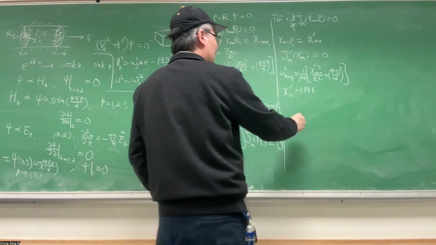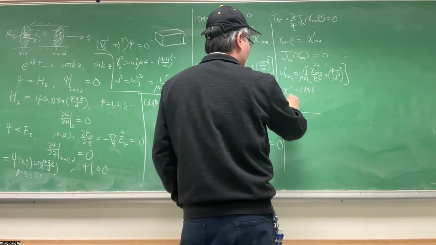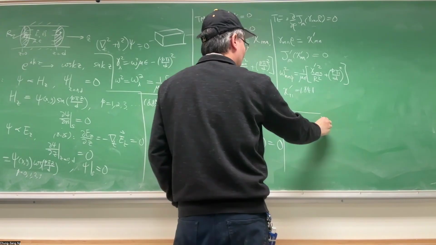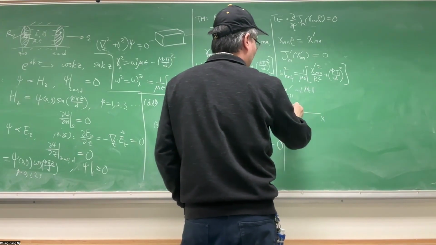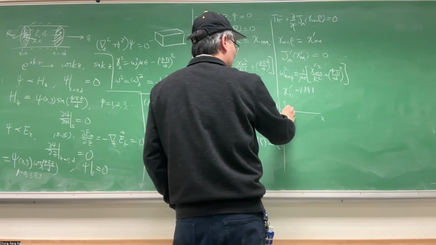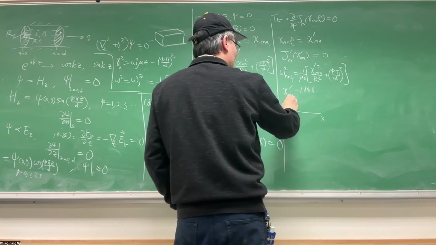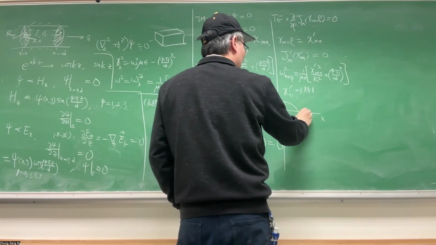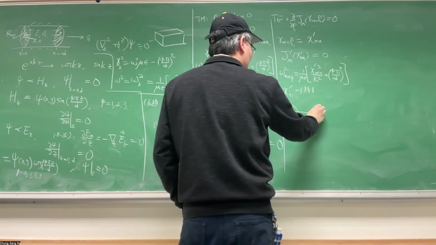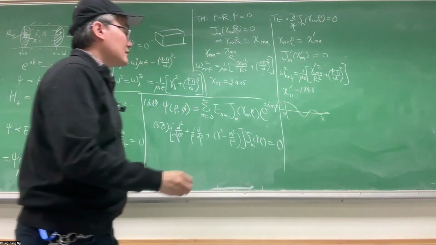The reason is that you can qualitatively plot J sub 0 and J sub 1 as a function of the argument x. J sub 0 starts from x equals 0 at 1. So J sub 0 is like that, it drops, and then it oscillates, but the magnitude also decreases, so it keeps decreasing, something like that, right? This is J sub 0.